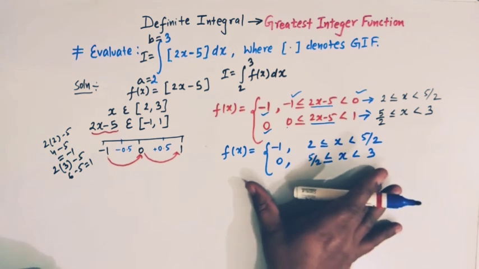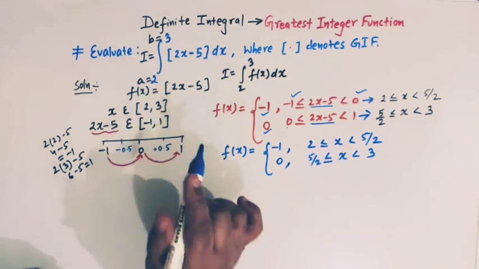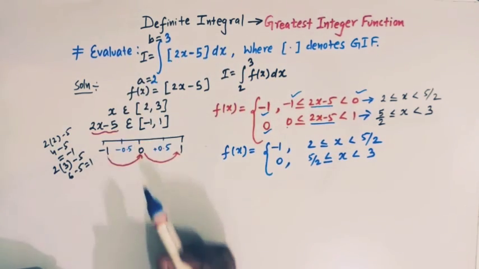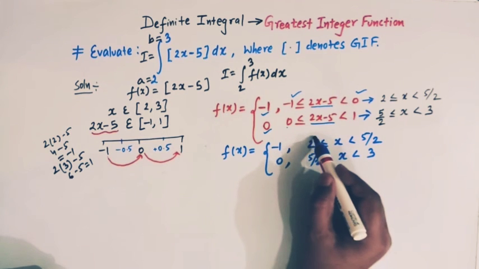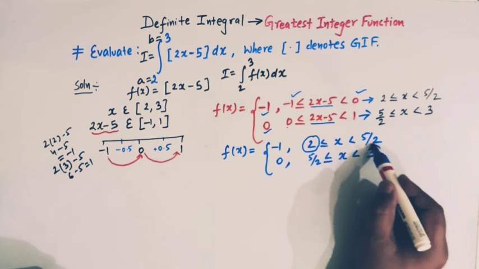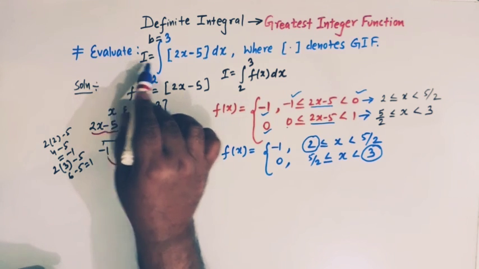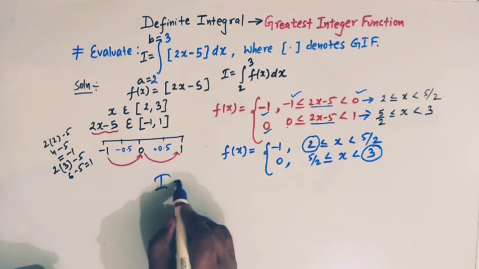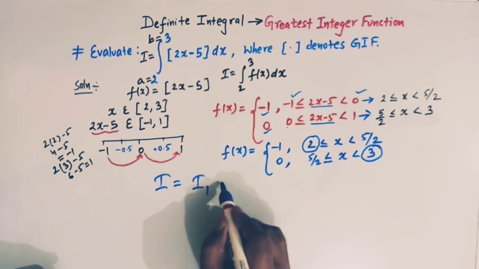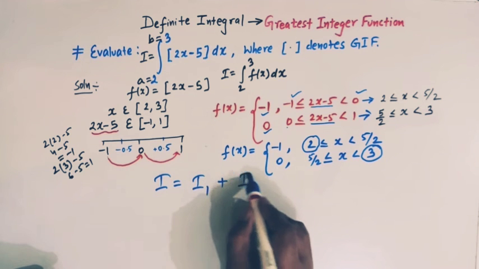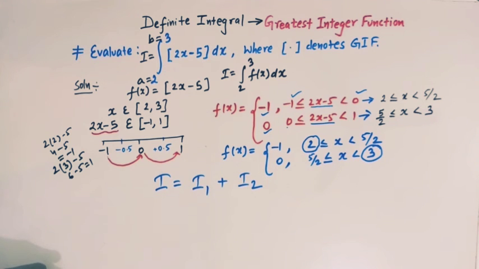Okay, so now we can integrate this function from 2 to 3, and here we have 2 and here we have 3. Clear? So it means we have now expressed I as a sum of two integrals, that is I1 and I2.